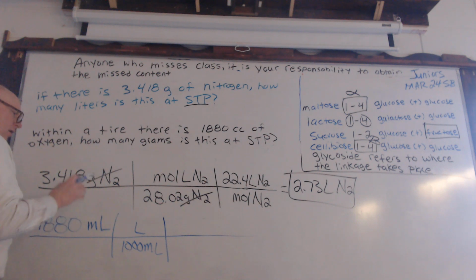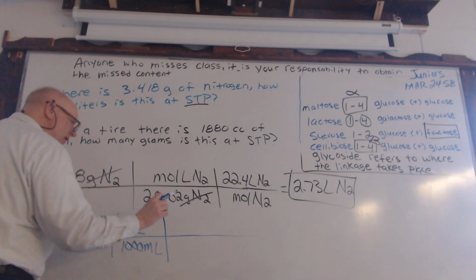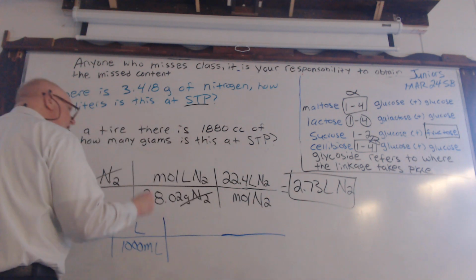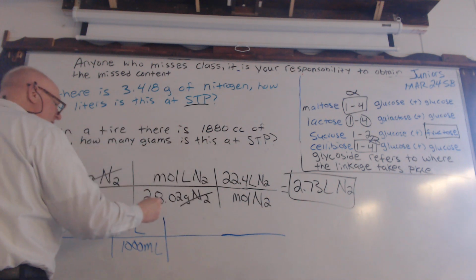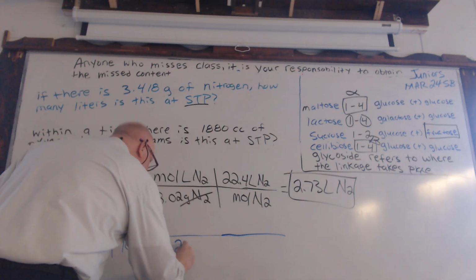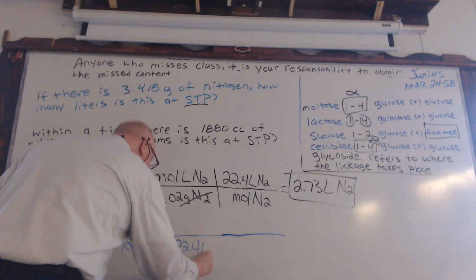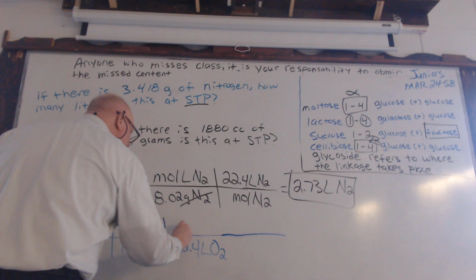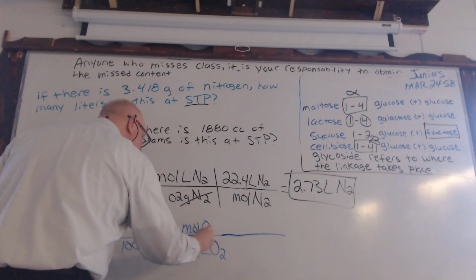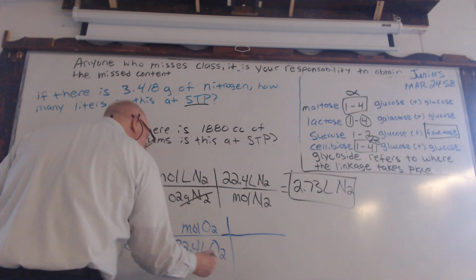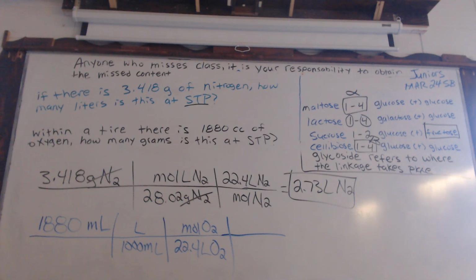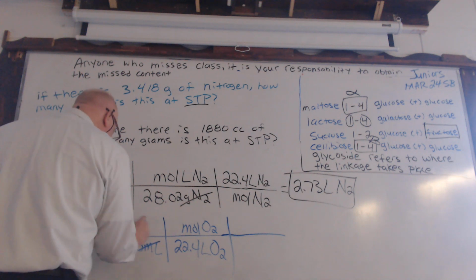Okay? So how do we get rid of our liter in our next step? 22.4. Because since this is measured at STP, for every 22.4 liters of oxygen gas, that's going to give us a mole of oxygen gas. There again, if you don't carry that, you're going to be off by a factor of 2. And then in this case, everything has canceled.